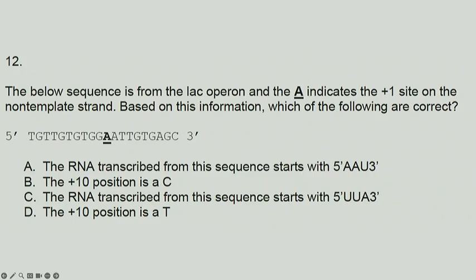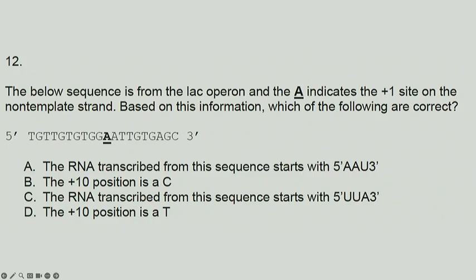The way this works is there's actually a second strand here that looks like this. This is going to peel apart, but this is still the +1 location. RNA pol is going to bind right here and synthesize RNA this way, because this is the 3' end.